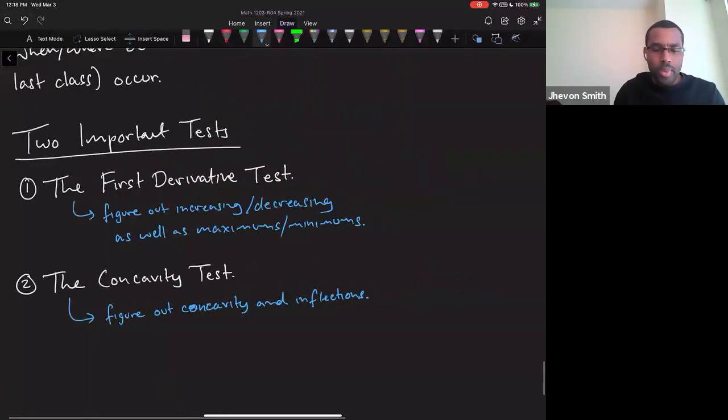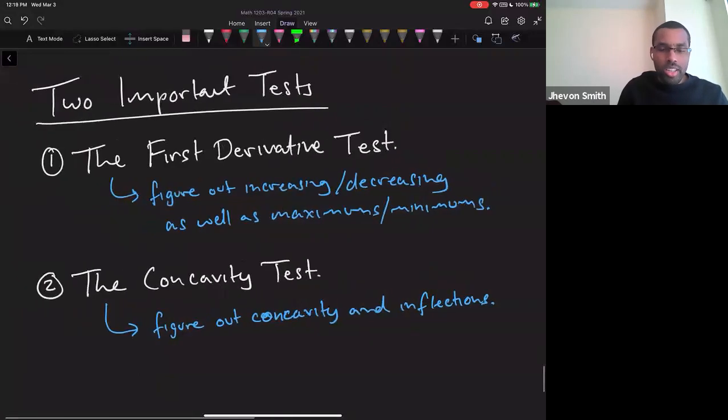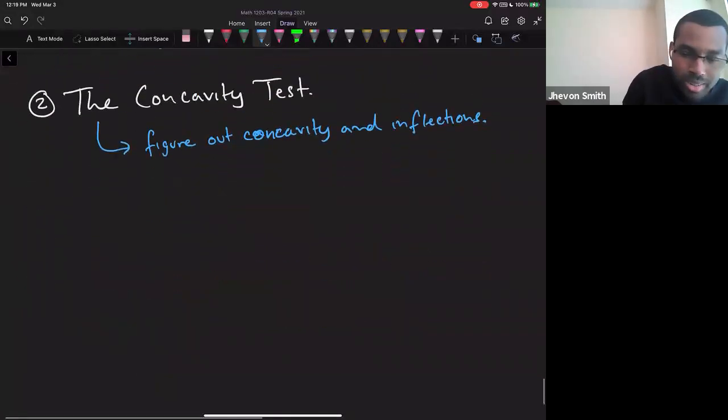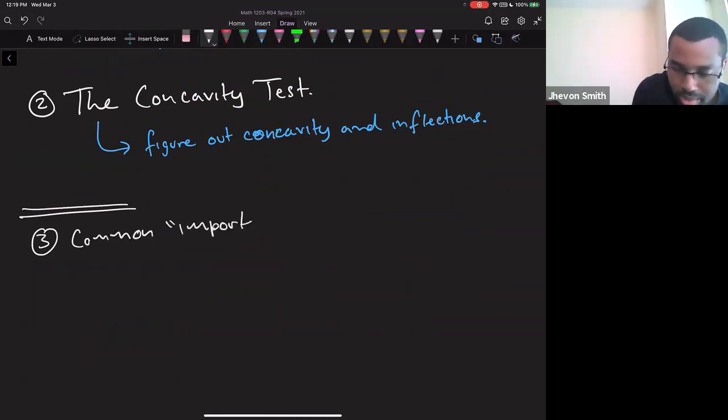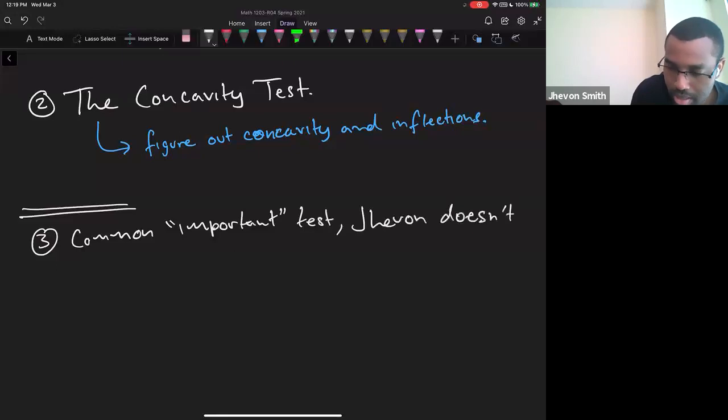So, I mean, there's a third common, important test that we don't really care about, which is called the second derivative test.